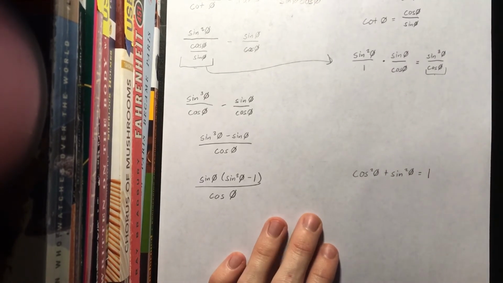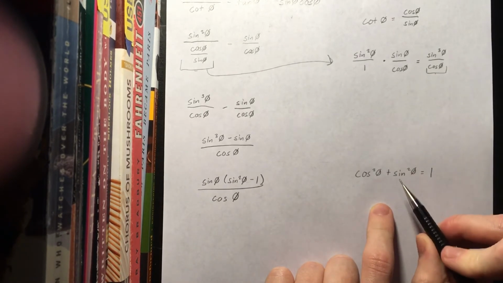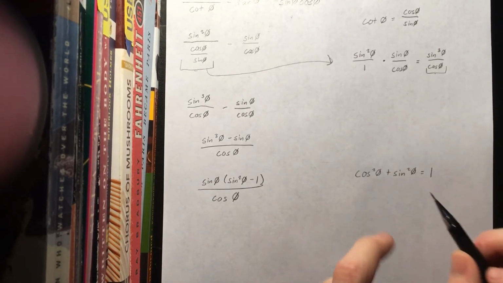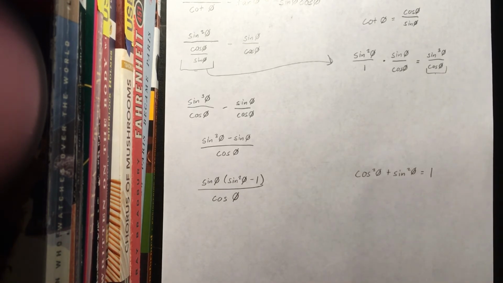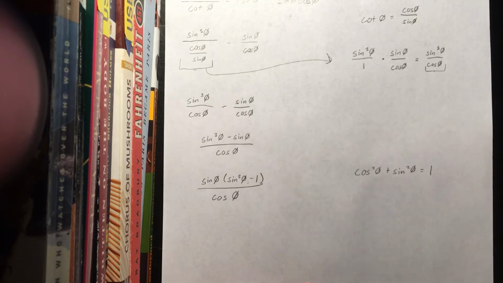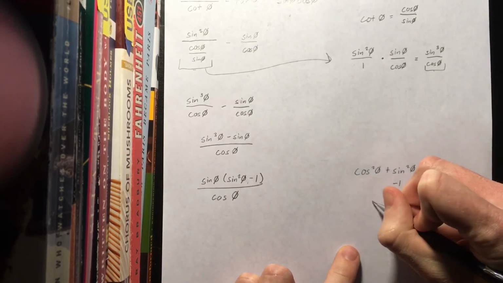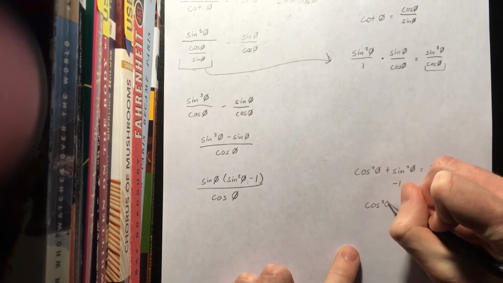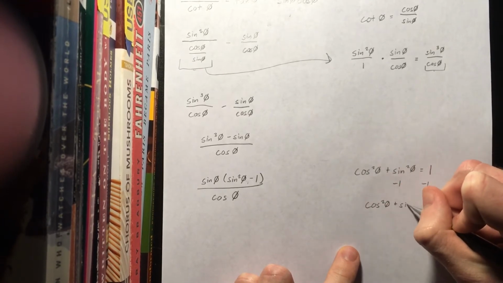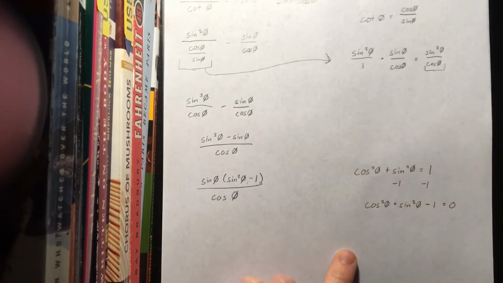Now what I'm going to do is get sine squared theta minus 1 on one side of the equation, and whatever's left on the other side, and then see if we can substitute it in where we see sine squared theta minus 1, okay? So I want to get this minus 1 with the sine squared theta equals 0 now, right?